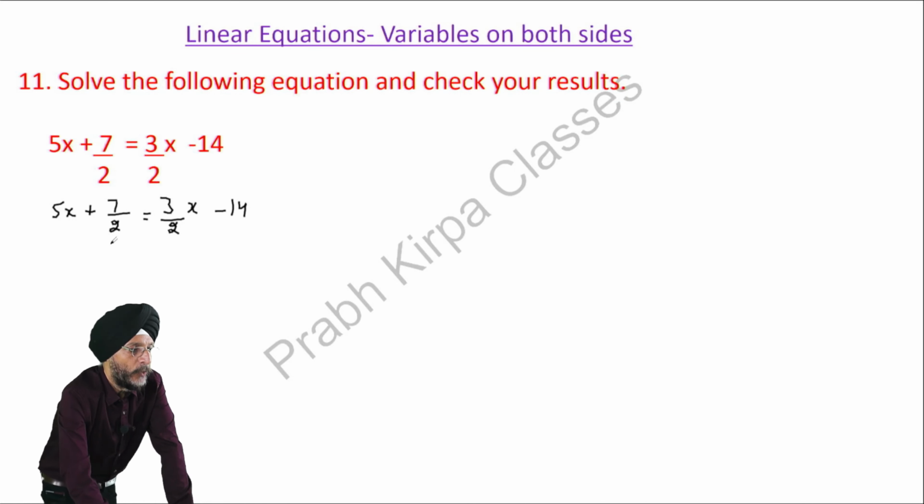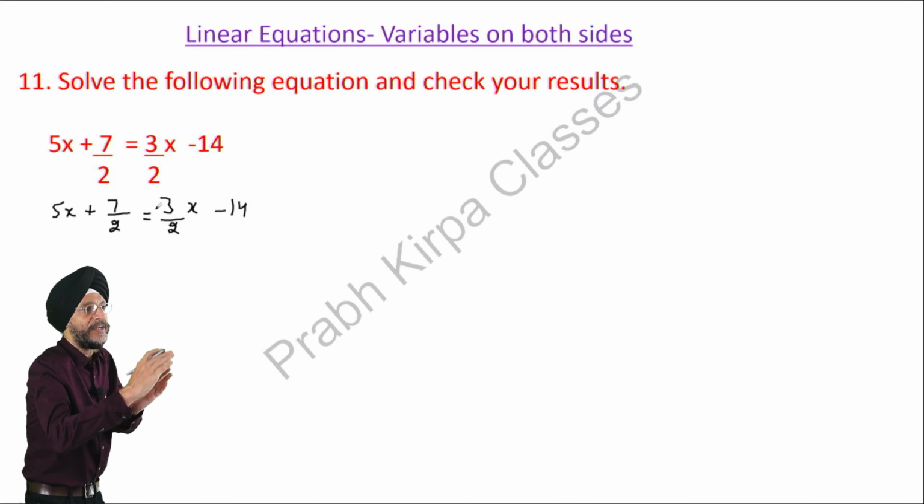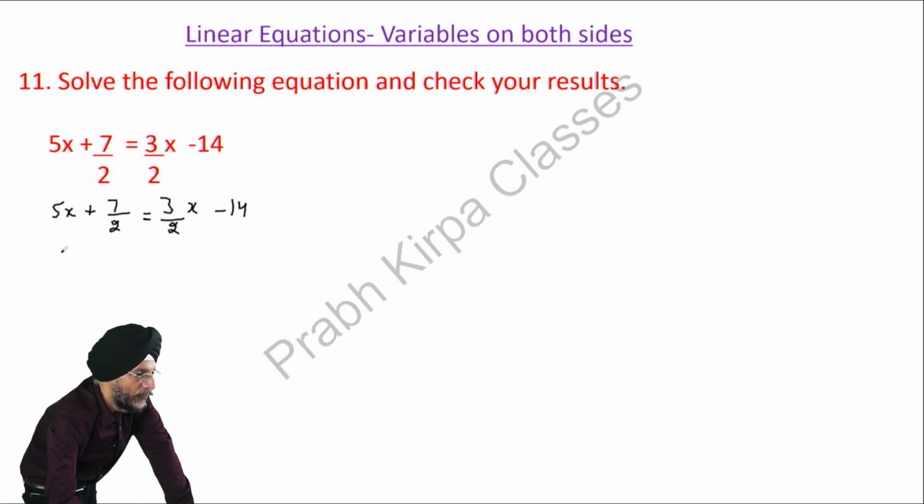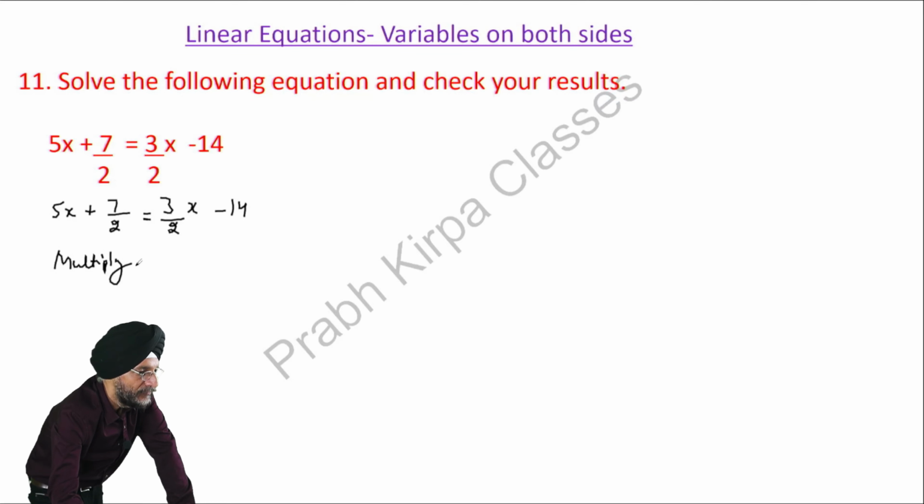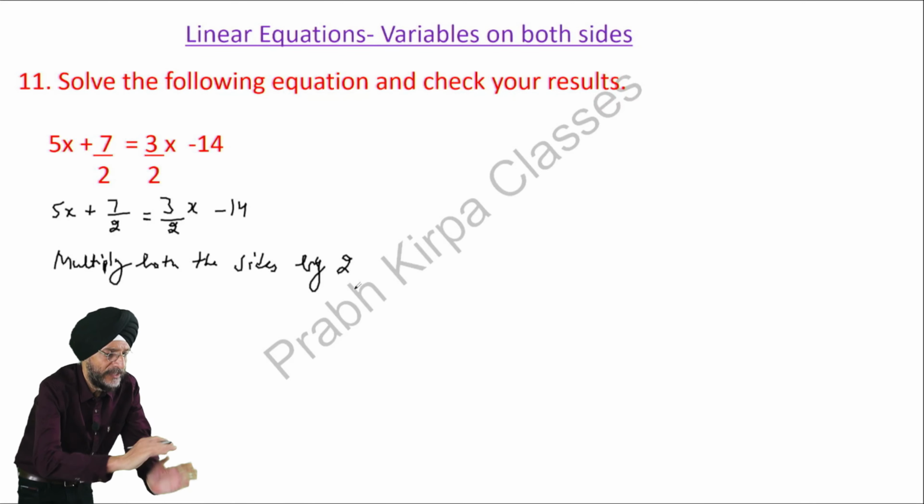Because on both the sides there is a number which is dividing the figure by 2, so we will multiply both the sides, that is left hand side and right hand side, by 2, so that we can solve the question simply.